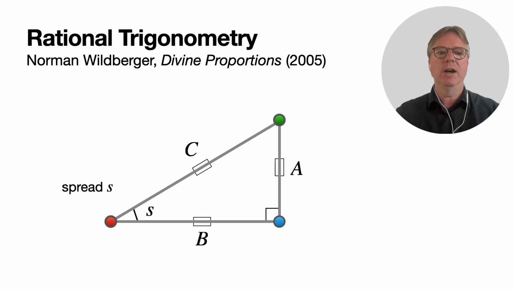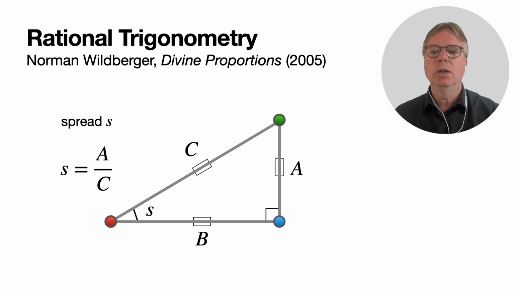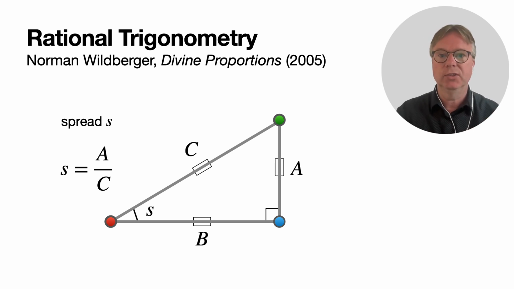So now we're going to define spread S, which I've denoted in the left bottom corner. It's the spread between the segment B and segment C, and it's simply defined as the quadrance of the opposite side, that's A in this case, over the hypotenuse quadrance, that's C in this case. So it's A over C. So a spread is a simple proportion of quadrances.